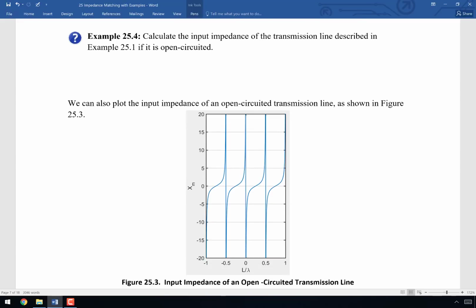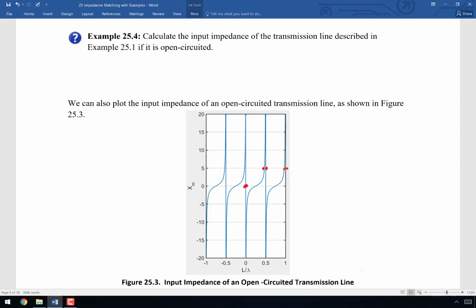We can plot it again, and notice that a couple of things happen. If the line is 0 in length, then we do in fact find that it's a short circuit, as it must be. And again, if you said, "Hey, I'd really like to have a line that has an impedance of 5 ohms," there are actually two points here. They're almost on top of each other, but there are two points that would give you that impedance, and then every half wavelength, it's going to repeat.